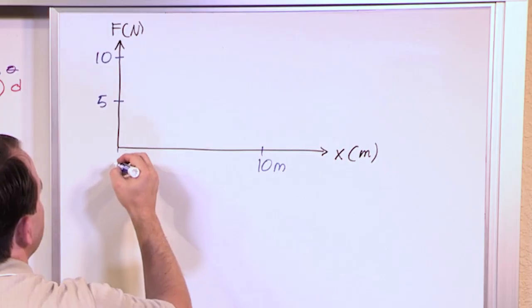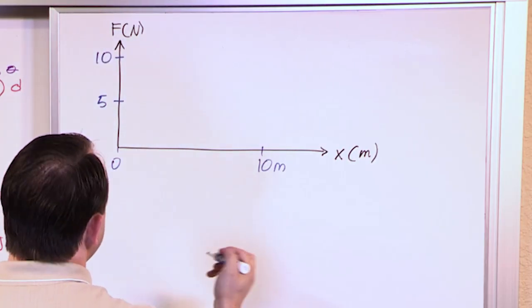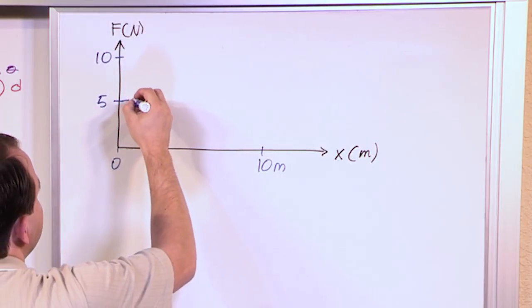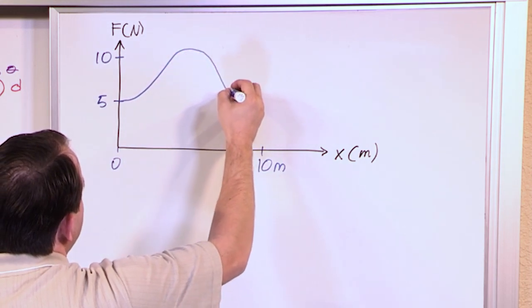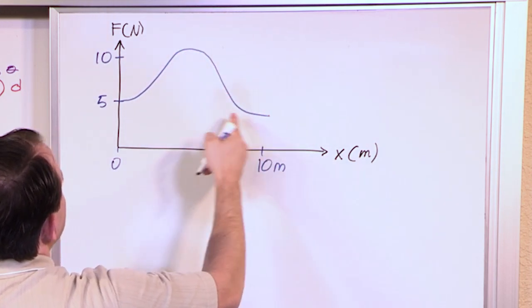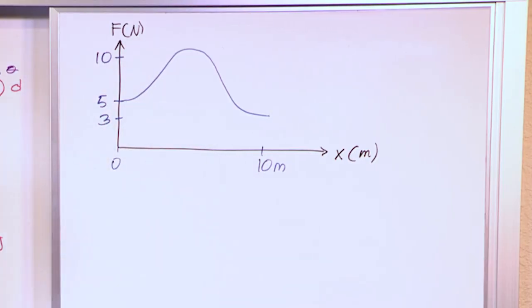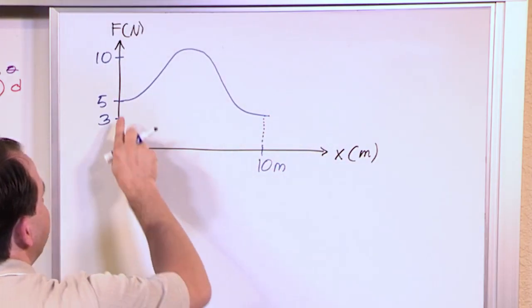This is the same original setup we had in the original graph. Now let's pretend we're doing it a little bit differently. Let's say I start out pushing with 5 newtons and then I push with 10 newtons, and then I get really tired and finish up pushing less than 5, maybe 3 newtons or something like this, right? So if I draw a dotted line, this is where I end my journey, this is where I begin my journey.